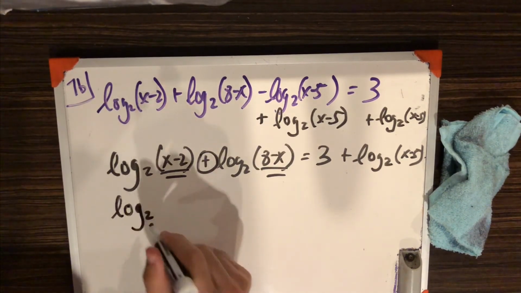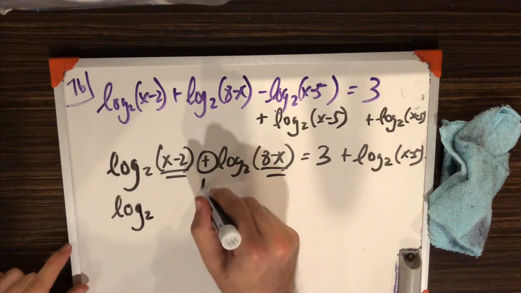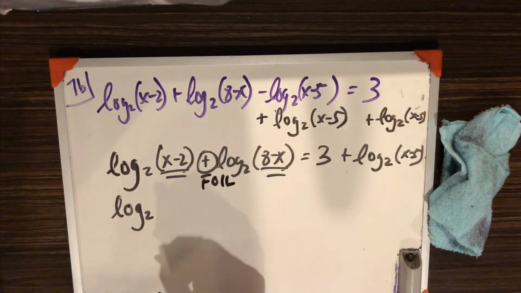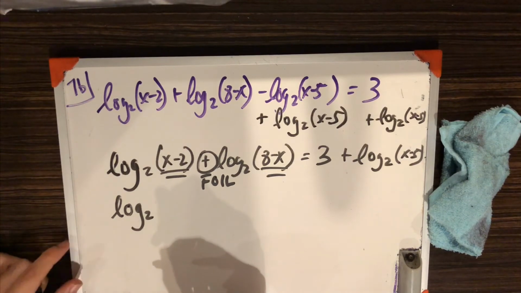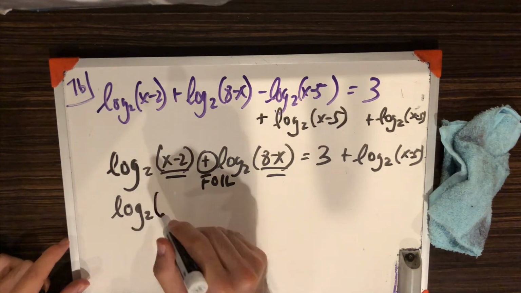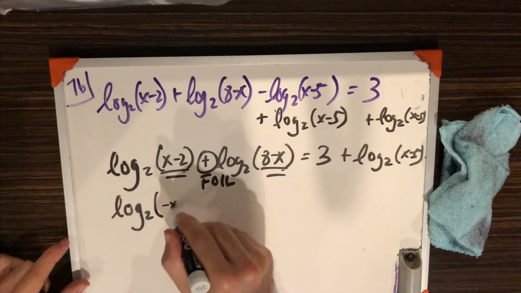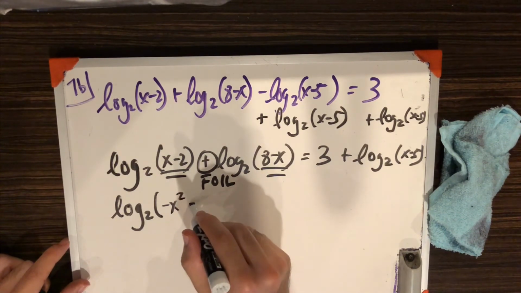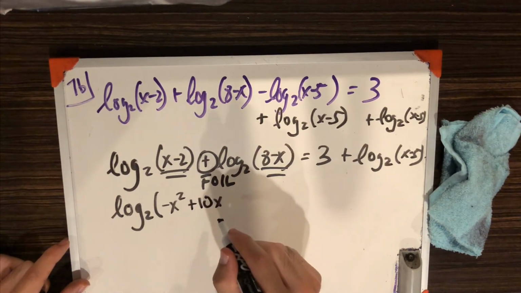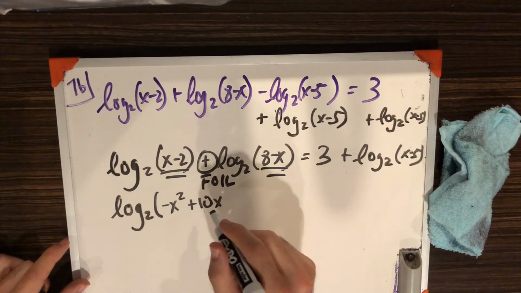So log base 2, again I need a FOIL here. So x minus 2 times 8 minus x, that eventually will become log base 2 of negative x squared plus 10x minus 16.